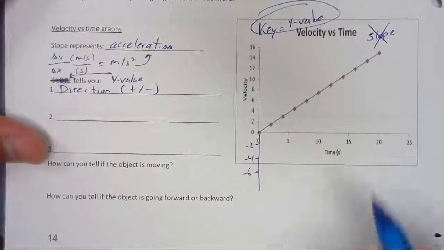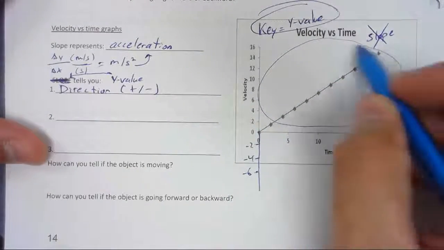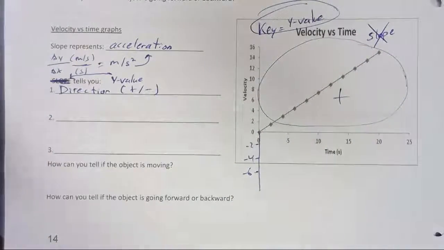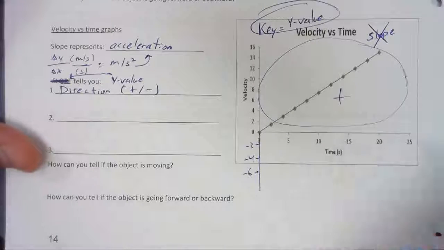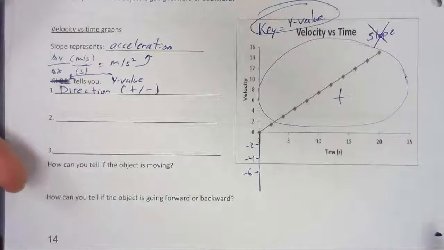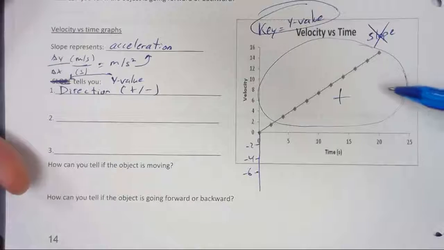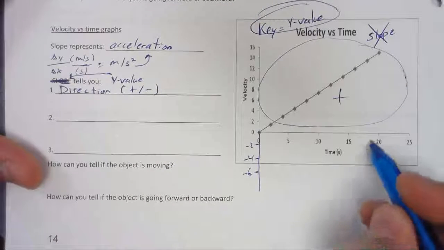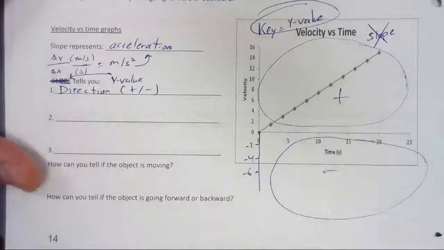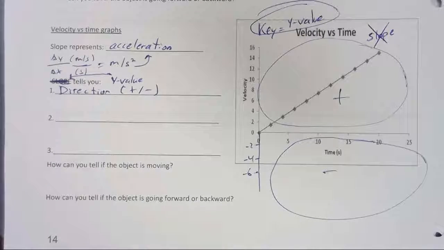And that's actually a little bit easier because everything up here, positive y value. Everything above the x-axis. It doesn't matter what the line looks like. It doesn't matter what the slope is. If the line is above the x-axis, we have positive direction, positive motion. And everything below the x-axis, everything down here, negative direction, negative motion. So we can look at the direction of motion from the y value.